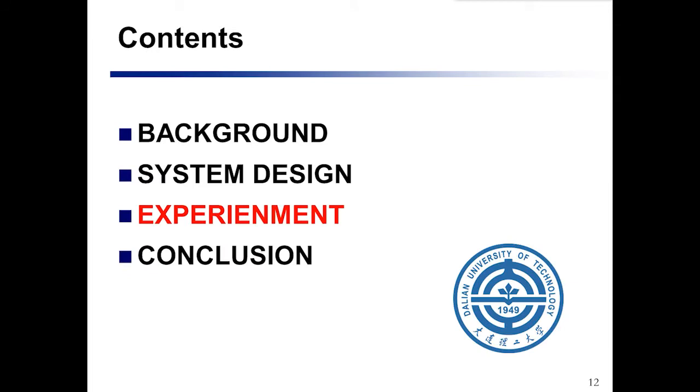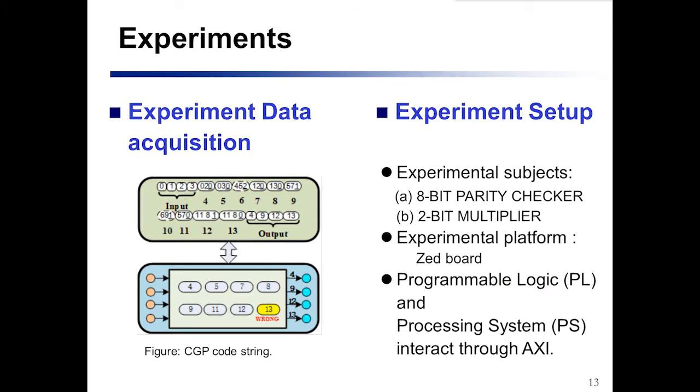Besides, we conduct experiments to demonstrate the performance of our schema. In order to fit the actual fault problem of the circuit more closely, we use the method mentioned in reference 7, taking the 2-bit multiplier as an example. The chromosome coding string is shown in picture.